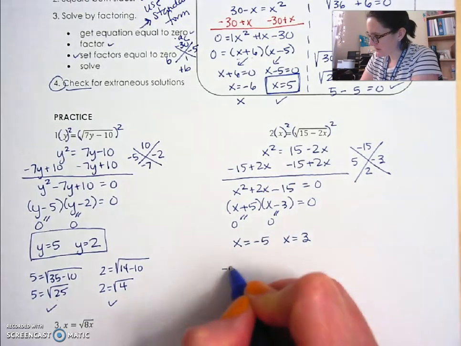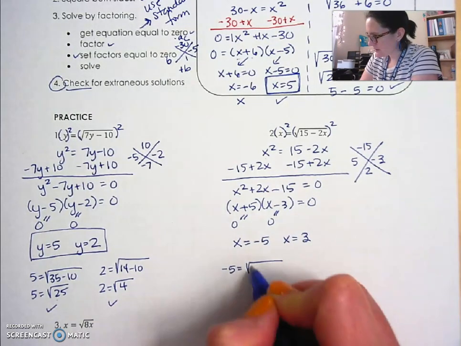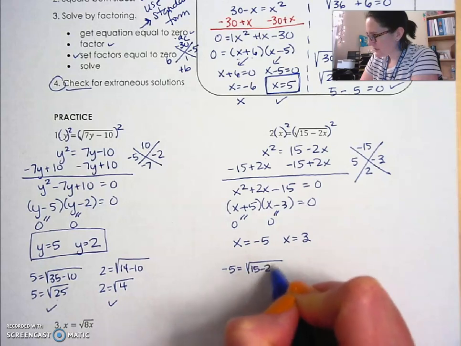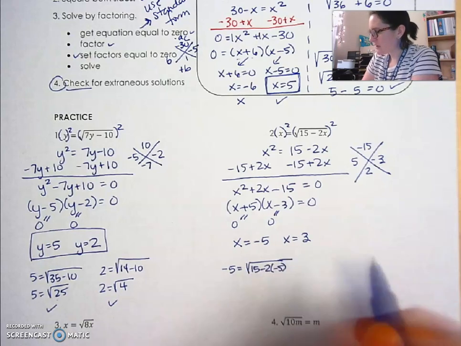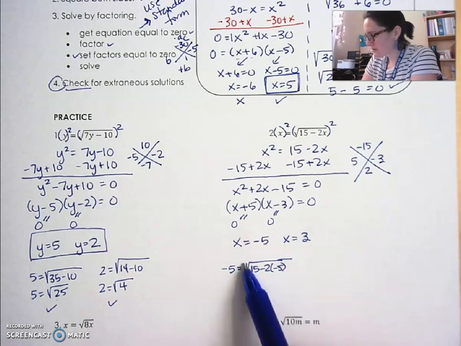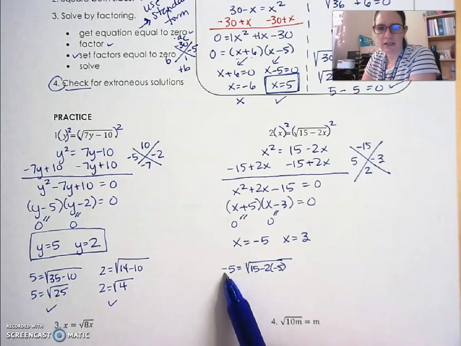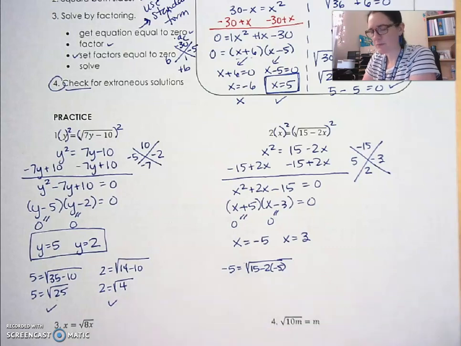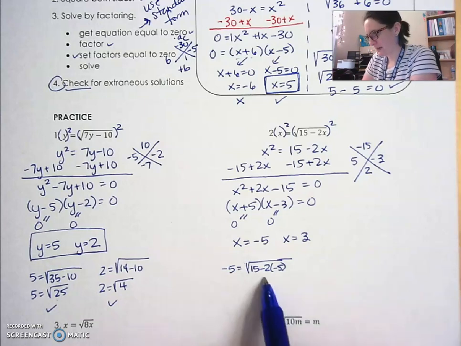So negative 5 equals the square root of 15 minus 2 times negative 5. Now I have a couple of things to say here. One, you're never going to, in this situation, square root a number so that it equals a negative 5. So right there, I already know this solution doesn't work. But I also want to just talk about the math inside the radical.